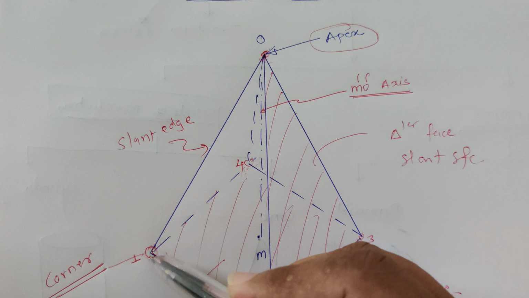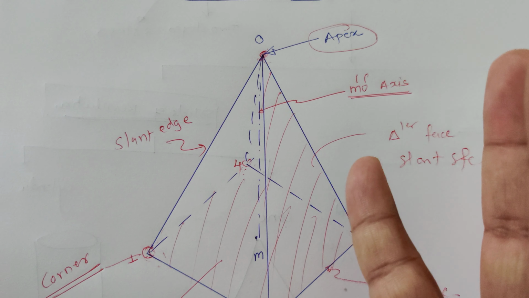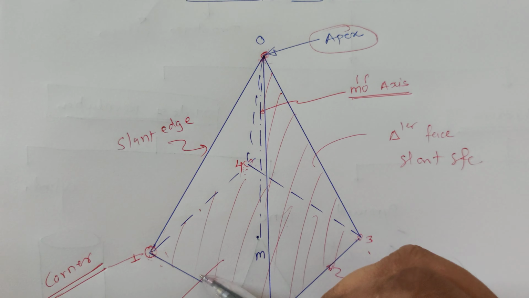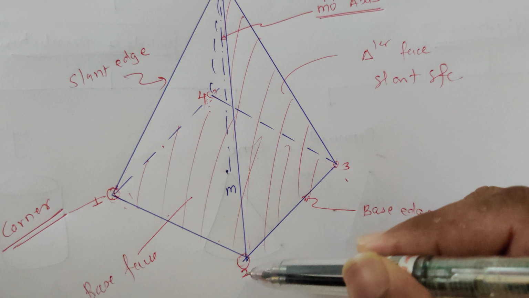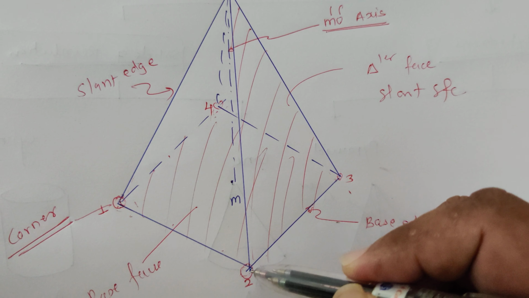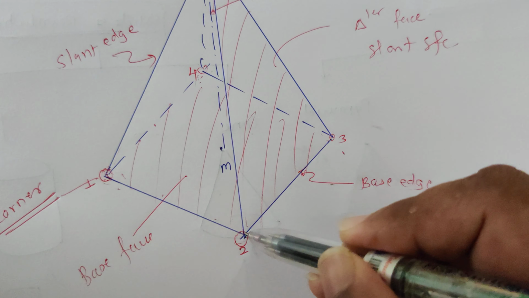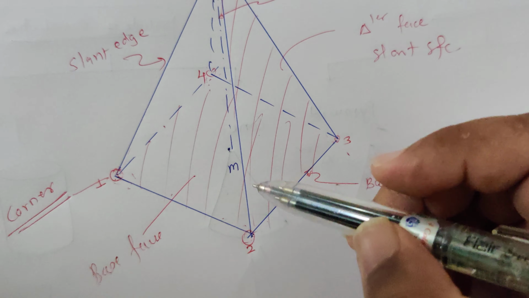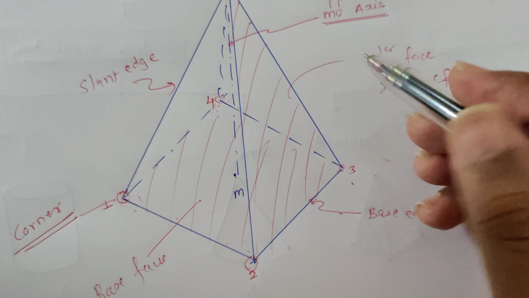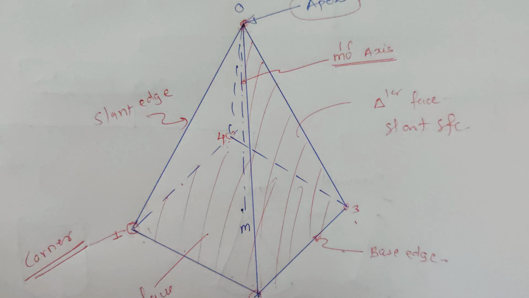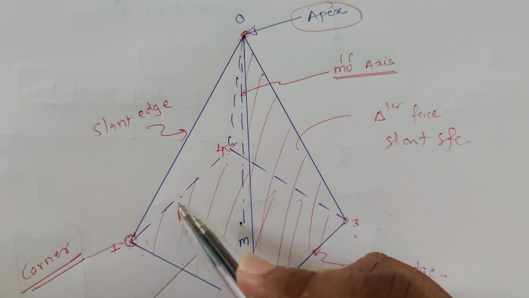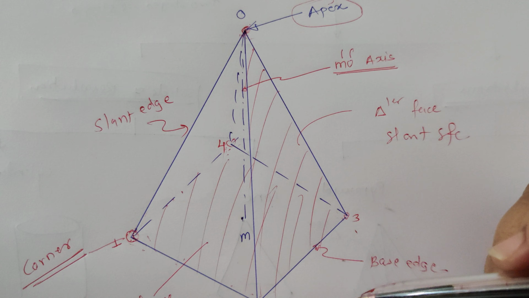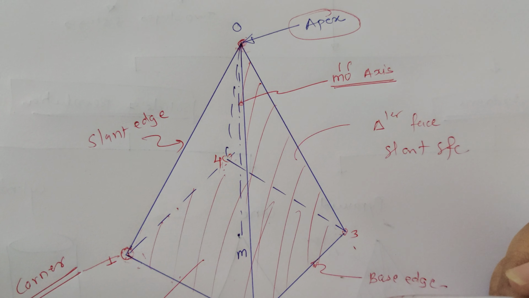So corner is a point where 3 edges are meeting, out of which 2 are base edges and 1 is a slant edge. Similarly, at corner 2 also, 2-3 and 2-1 are base edges and 2-O is a slant edge. Like that 3 and 4.